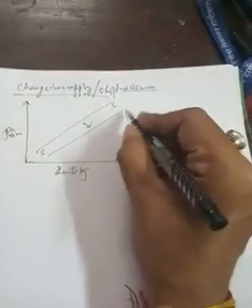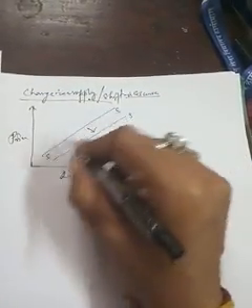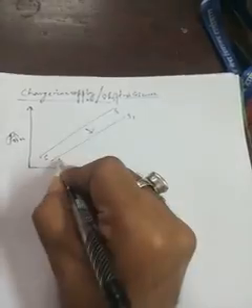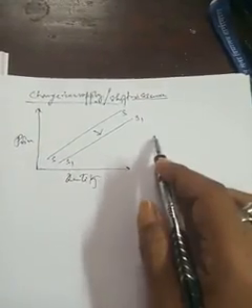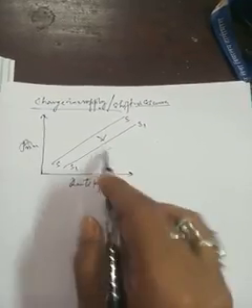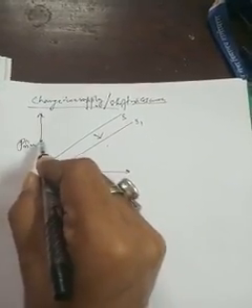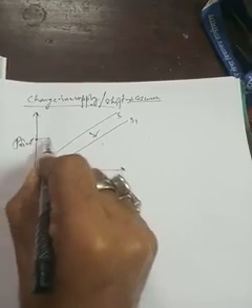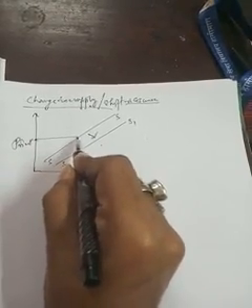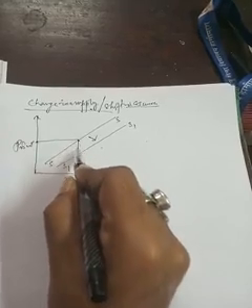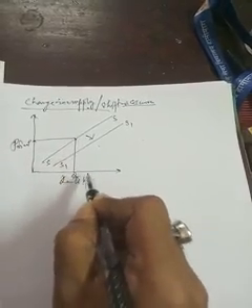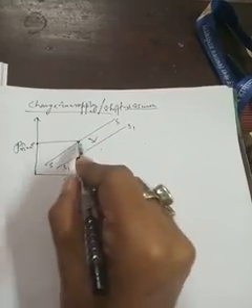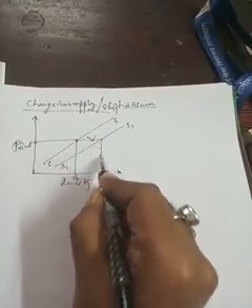supply will increase. Suppose earlier your supply is SS, now if it comes to the right side, then your supply increases. Why? I am taking a point here, price P. At this price, before, your supply was up to this Q. When the supply curve shifts rightward, at the same price your quantity will increase.